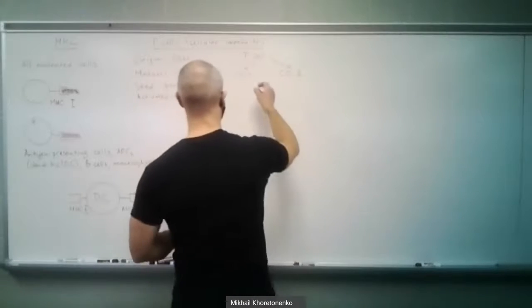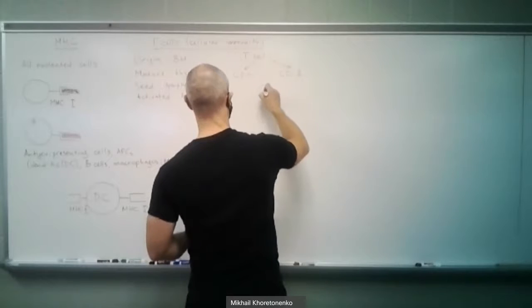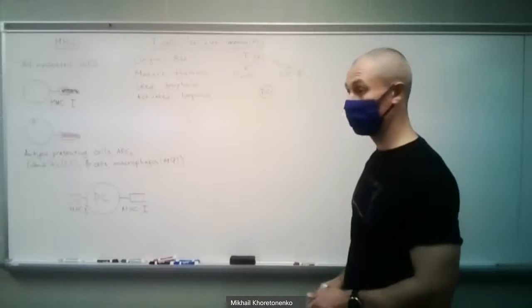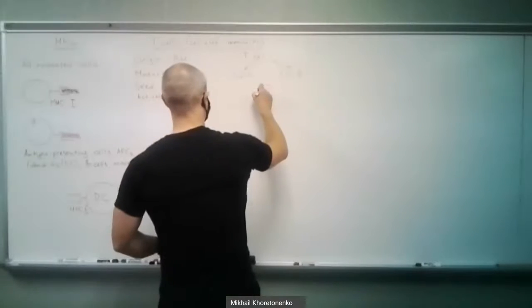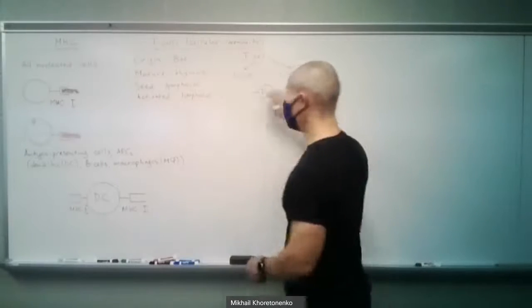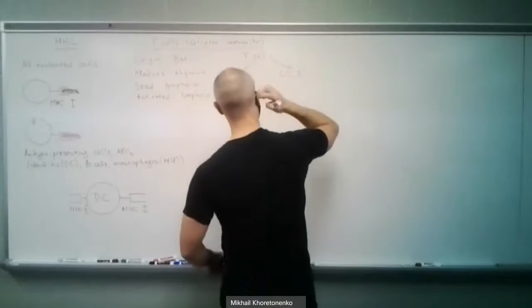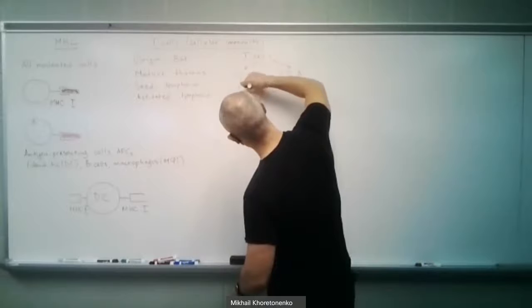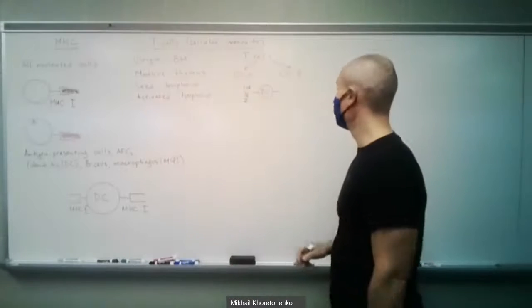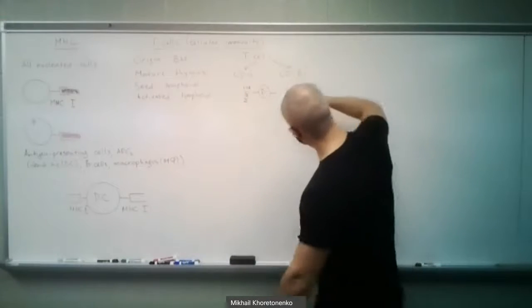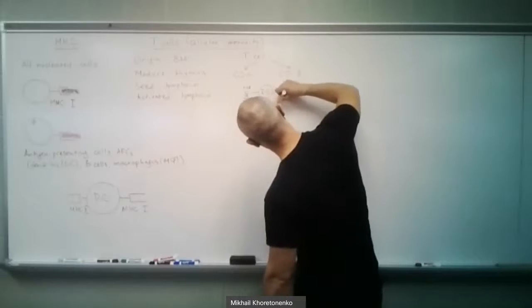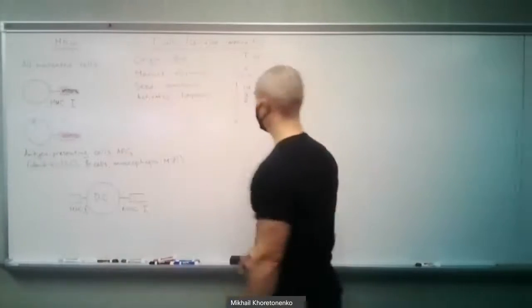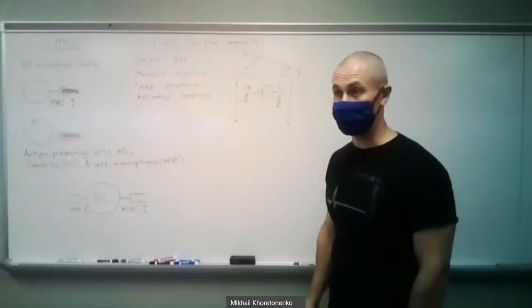Antigen presentation occurs when an antigen presenting cell, for instance, a dendritic cell, presents antigen to CD8 and CD4 cells, but it presents antigen to a CD4 cell through MHC class 2, and it presents antigen to a CD8 cell with MHC class 1. Does that make sense to you?